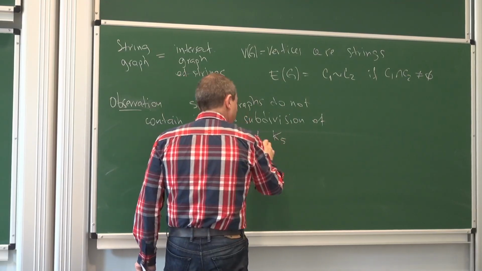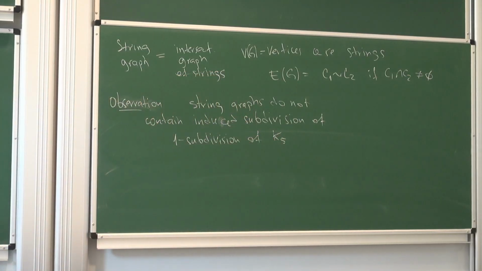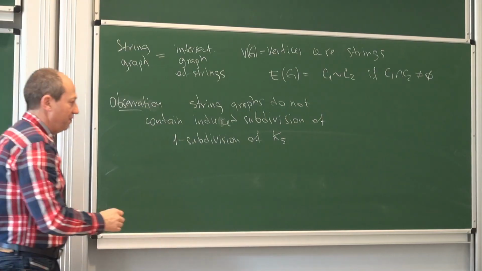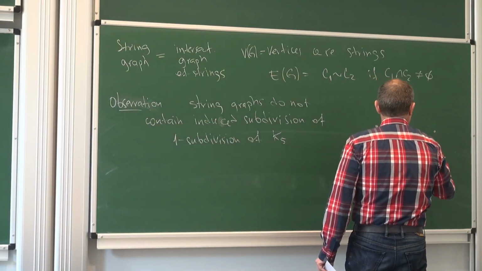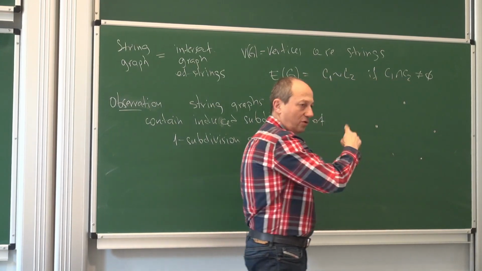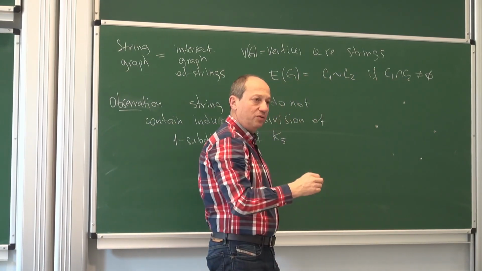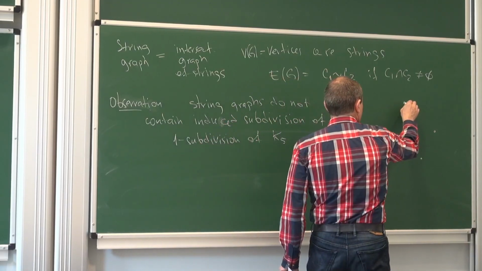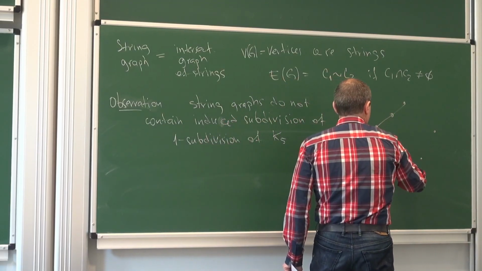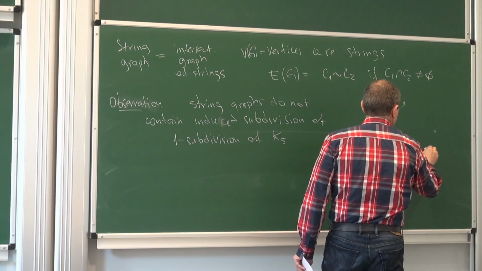Right? So first of all, what is one subdivision of K5? So you take 5 vertices, all pairwise vertices are connected, but instead of connecting them by an edge, you connect them by a path of length 2, right. So this is one subdivision of K5.